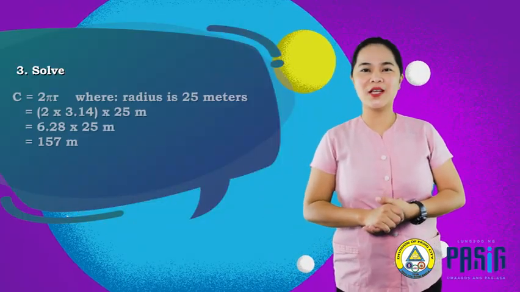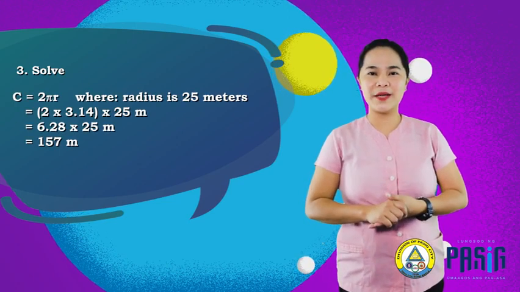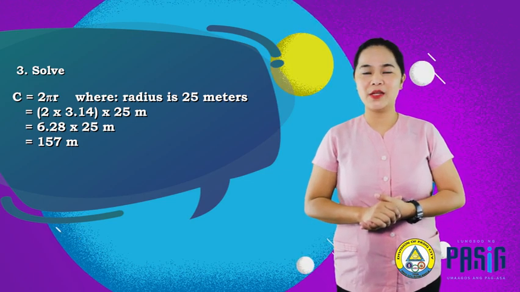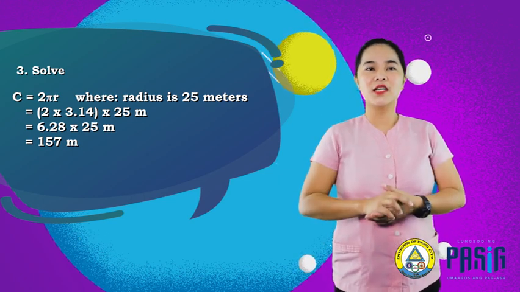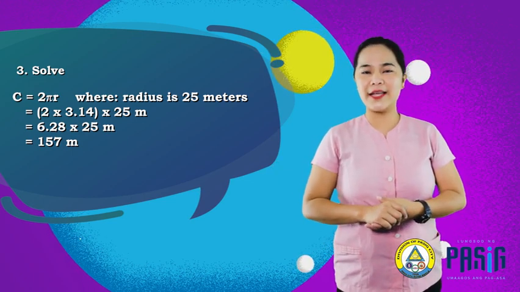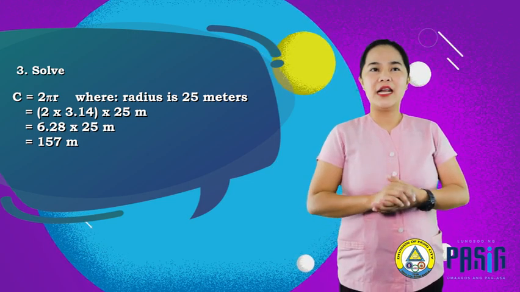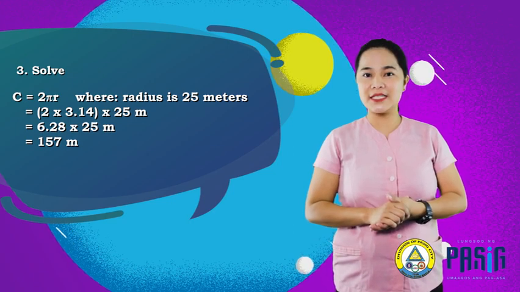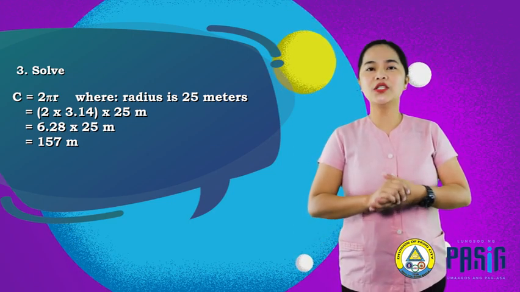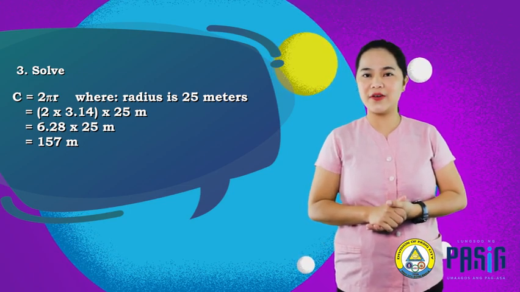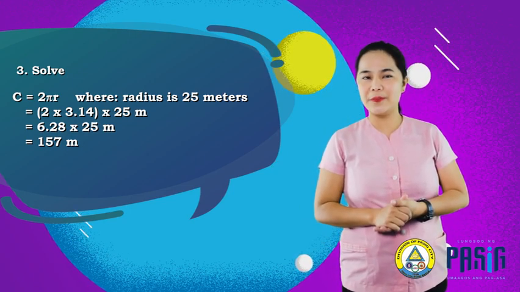Show the solutions. Circumference equals 2 pi times radius, where radius is 25 meters. The number sentence is 2 times 3.1400 times 25 meters. Again, let's multiply first the digits inside the parentheses. 2 times 3 and 14 hundredths is equal to 6 and 28 hundredths times 25 meters.